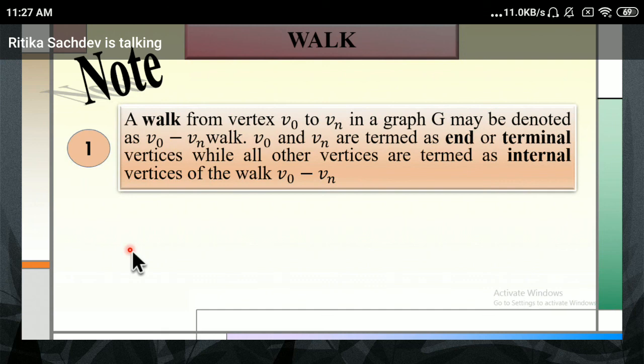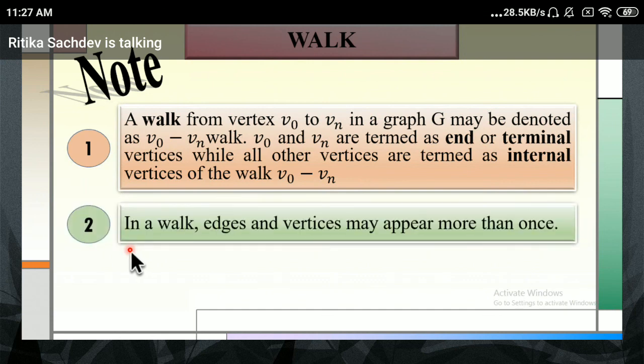But my terminal vertices are Ulhasnagar and Dadar. Intermediate wherever you're stopping, those will become your internal vertices. The second thing is, in a walk, edges and vertices may appear more than once. So you can always visit that particular place again and still continue your walk.